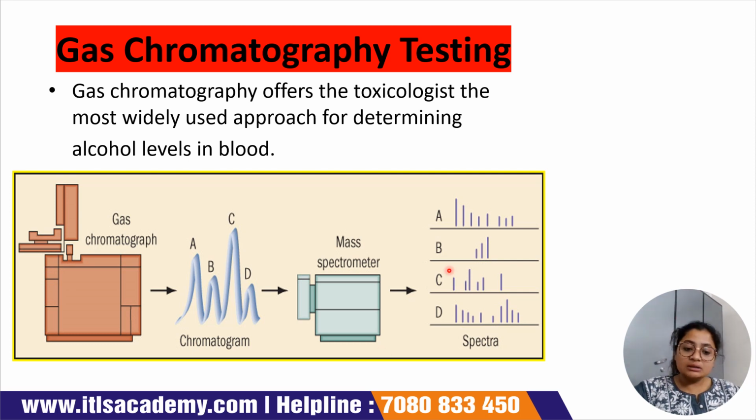Another test that we can do is gas chromatography testing. This is a diagram that I have shown here. After gas chromatography, this is the particular chromatogram that we will get, typically a graph or a curve. Then we need to do mass spectrometry to confirm or finalize the results. It is basically a confirmatory test.